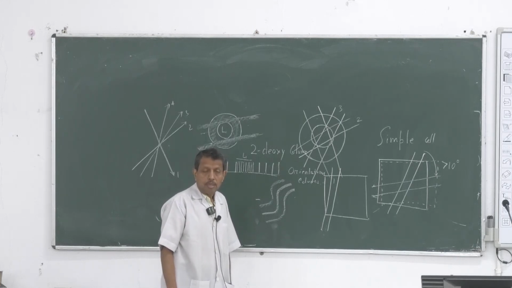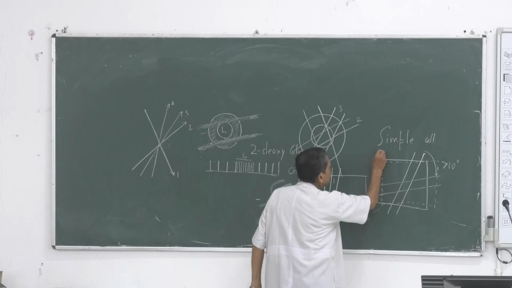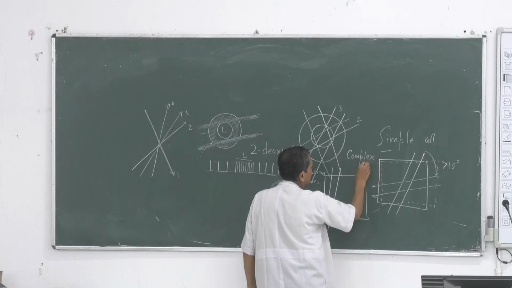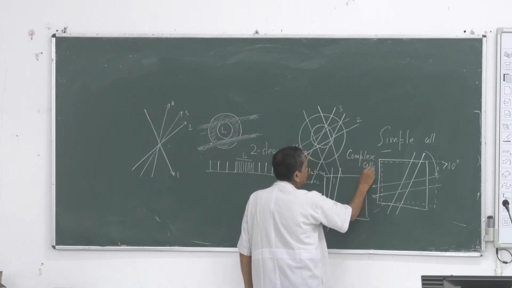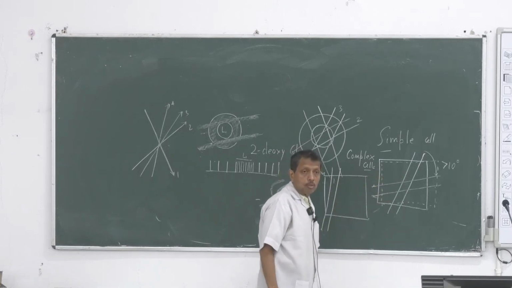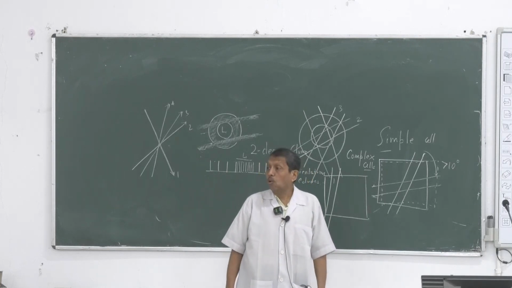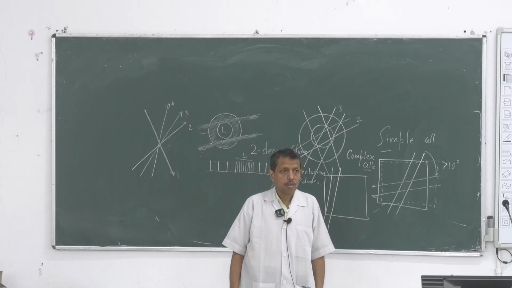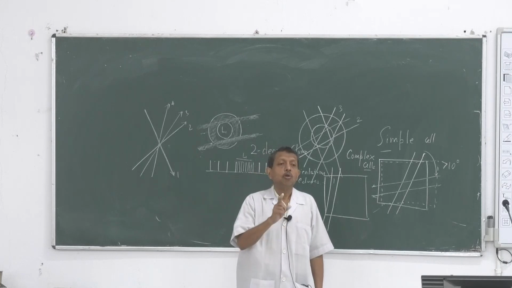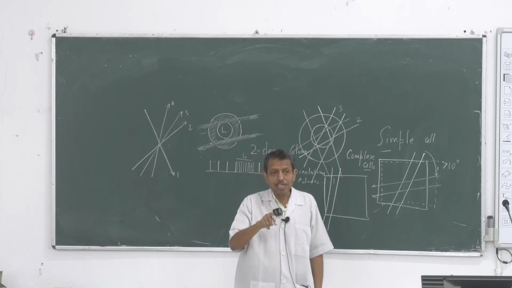Now there are complex cells. Complex cells are also orientation specific, but they are not location specific in that sense. They are orientation specific, but not location specific, and they respond better when the stimulus is moved laterally.